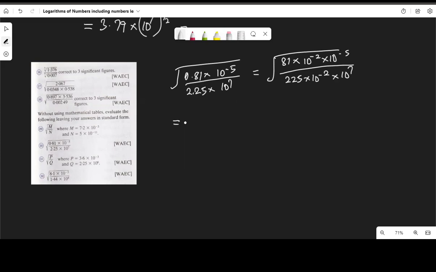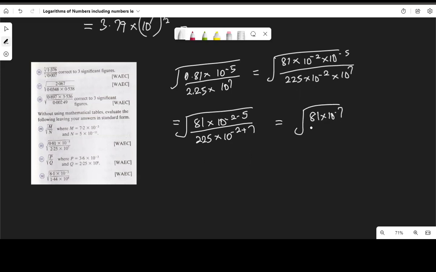That gives us square root of 81 times 10 to the power of minus 2 minus 5 over 225 times 10 to the power of minus 2 plus 7, which is square root of 81 times 10 to the power of minus 7 over 225 times 10 to the power of minus 2 plus 7 is 5.